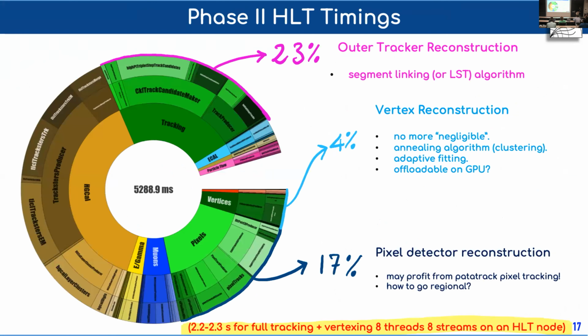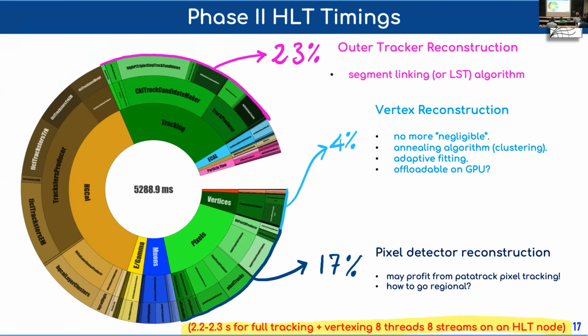And what about timing? You see that our chunk of the pie chart is about 40% of the reconstruction. And this was some of the time that we were speaking about yesterday. So we have 2.2, 2.3, 2.4 seconds. Let's say this is the range, depending on the topologies, that we quote for tracking in the TDR.